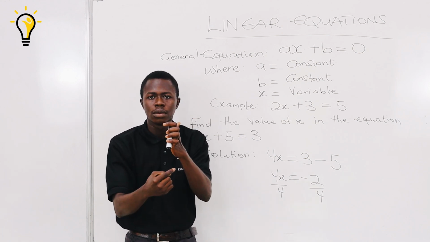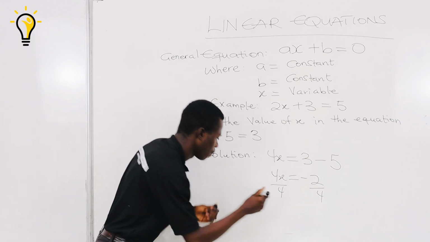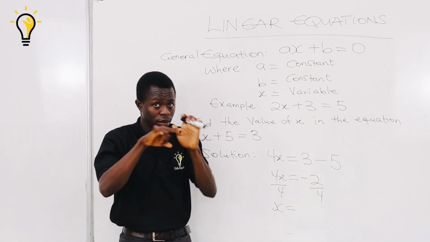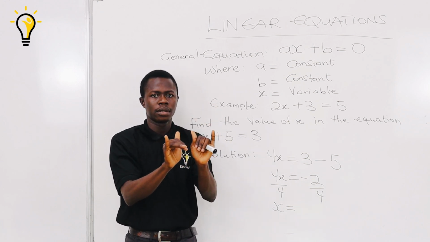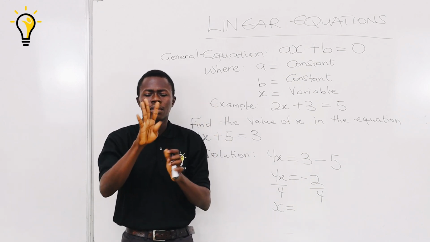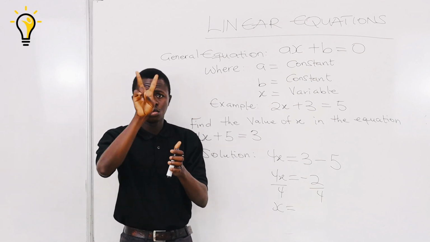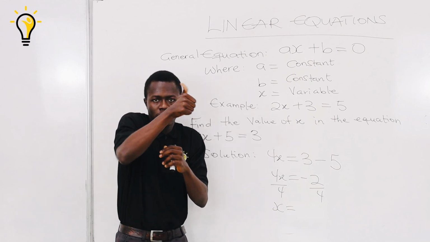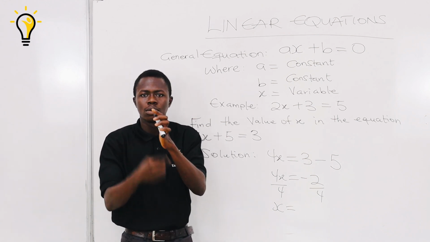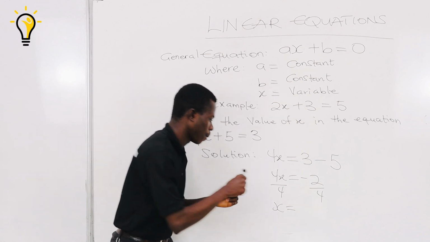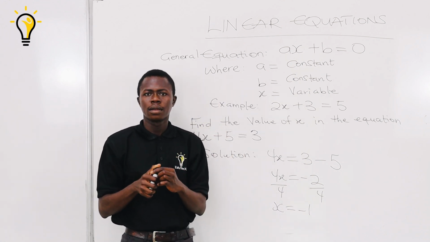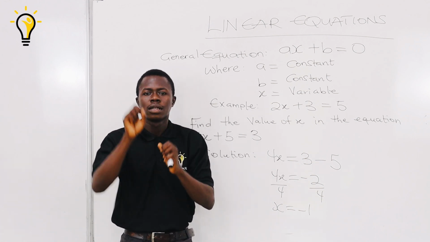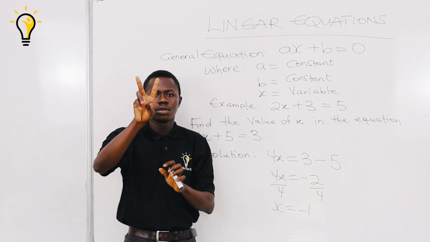We know 4 divided by 4 will give us x. Now, never forget that the negative sign remains there. So we are going to have negative 2 over 4. And remember, 2 can divide 4. So 2 divided by itself, the answer is 1. So we have x equals negative 1. Then 2 divides 4, and the answer is, yes, 2.